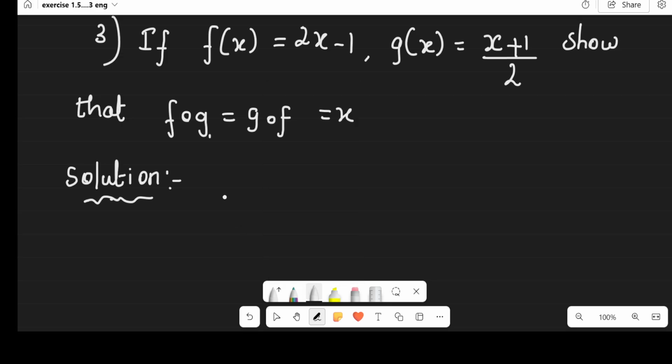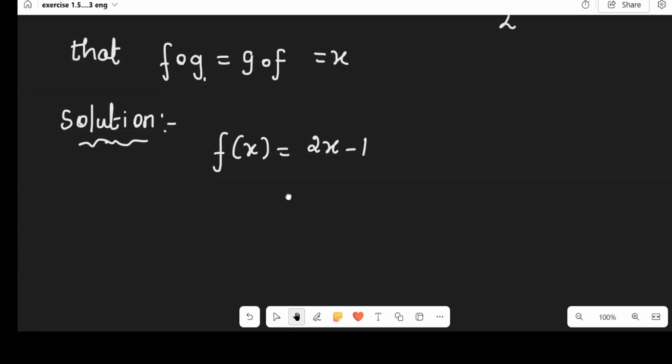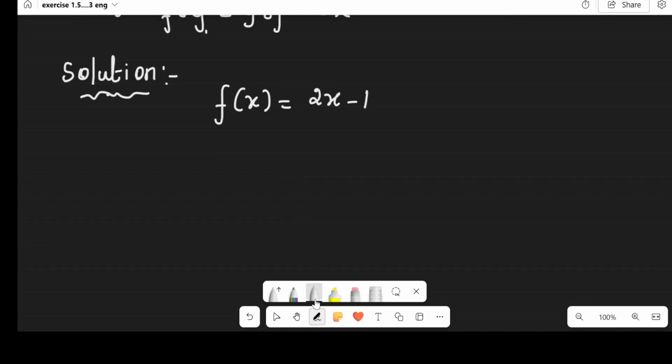F of x is 2x minus 1 and g of x is x plus 1 by 2.